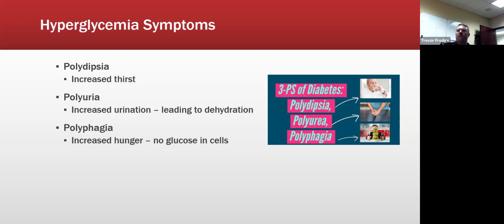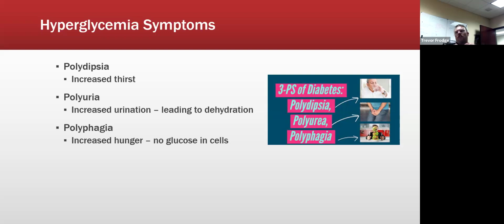This is why diabetic patients also have a lot of renal issues, because those heavy sugar molecules trying to get out of their bloodstream are hitting your kidneys and just trying to work through those little tiny filters that are your kidneys. All this extra urination trying to get the sugar down from your body is going to lead to dehydration. They're trying to urinate it all out. It's not working.